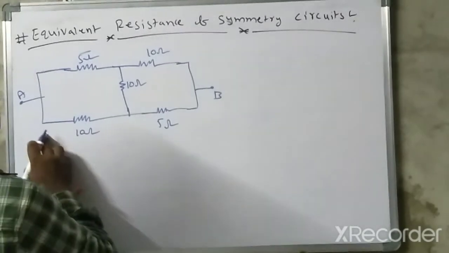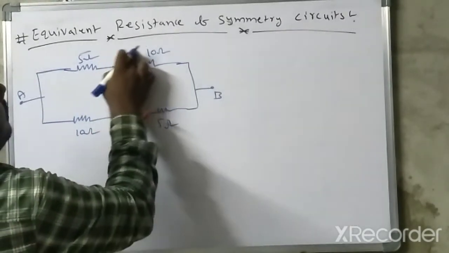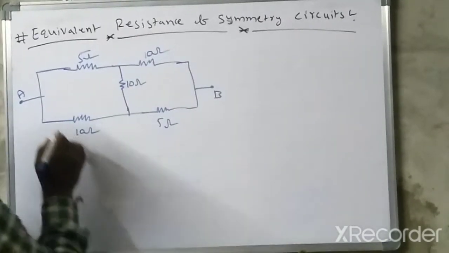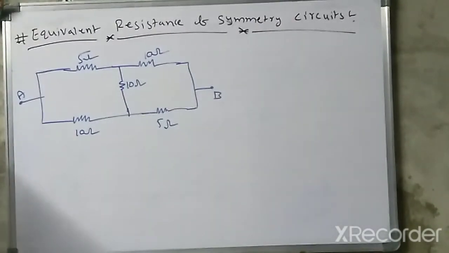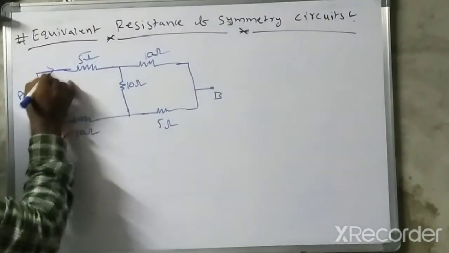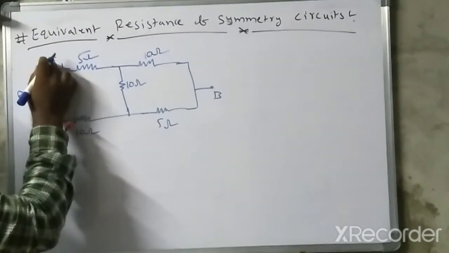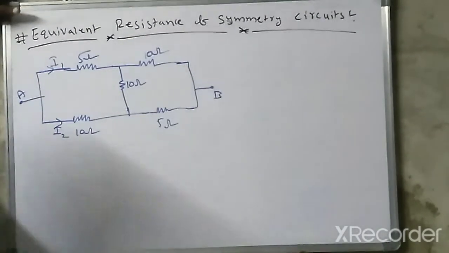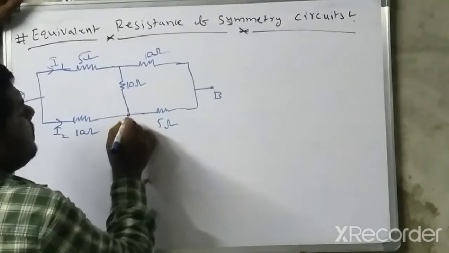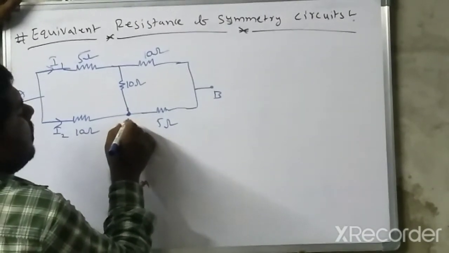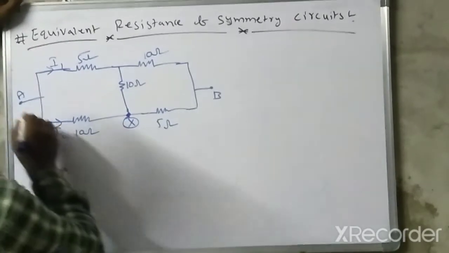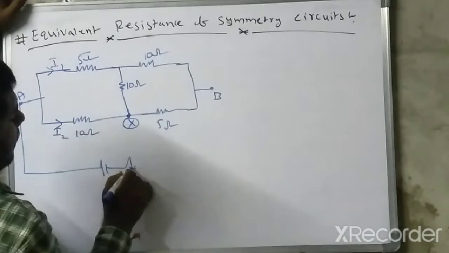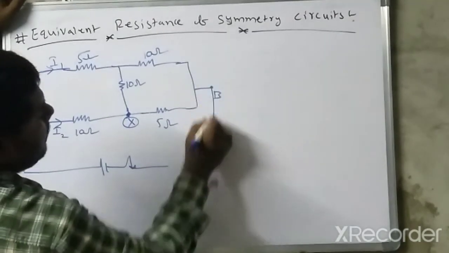The current enters like this. Let us consider I1 current passing through the 5 ohm resistor, and I2 current passing through the 10 ohm resistor. Let us consider this potential as X. A is connected to the battery positive, B is connected to the battery negative.